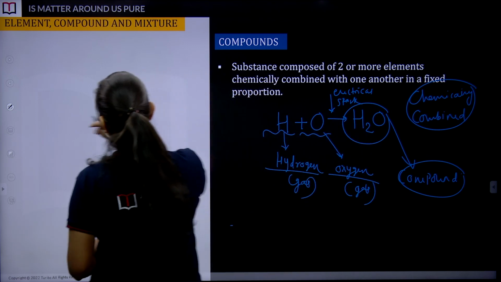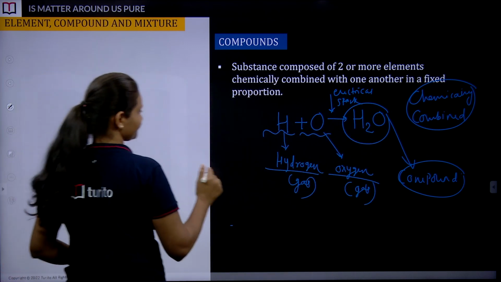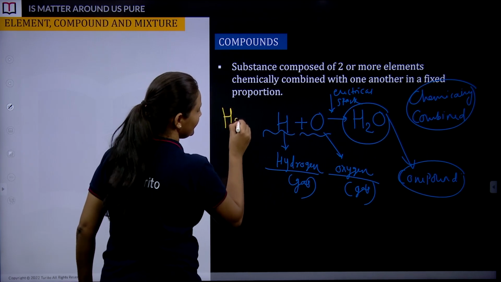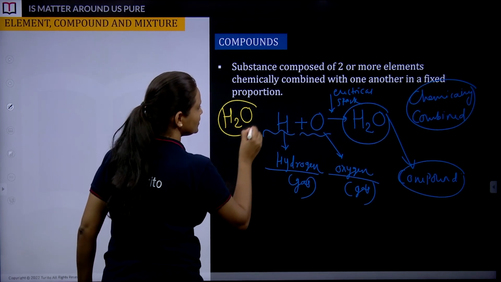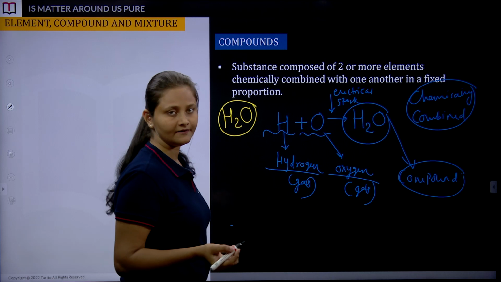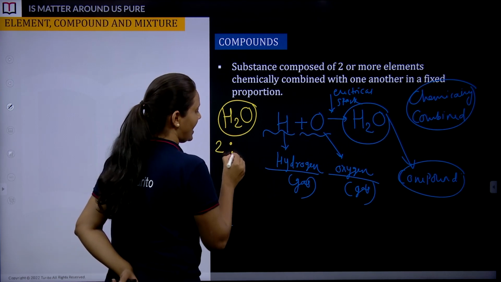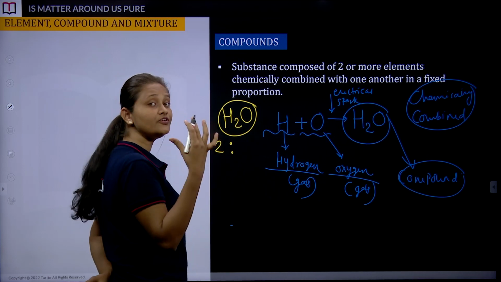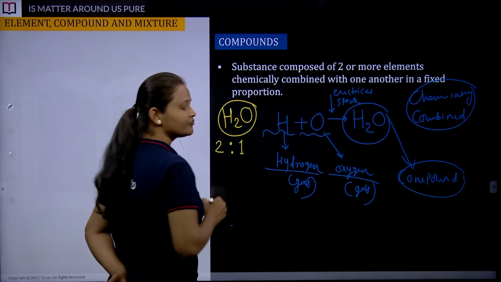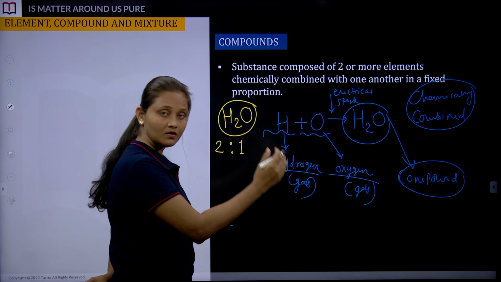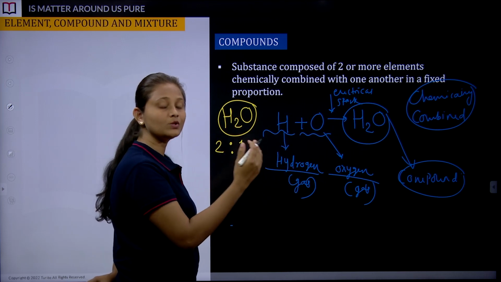Now just focus on H2O. I'll write it here, H2O. This is your dihydrogen oxide. How many parts of hydrogen? 2 parts of hydrogen are reacting with only 1 part of oxygen. Hydrogen is 2 and oxygen is 1.